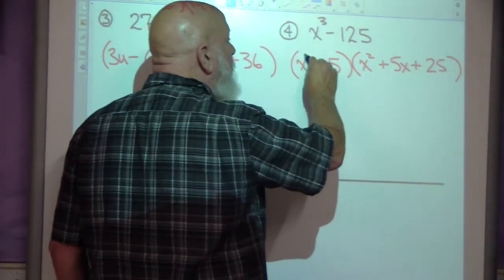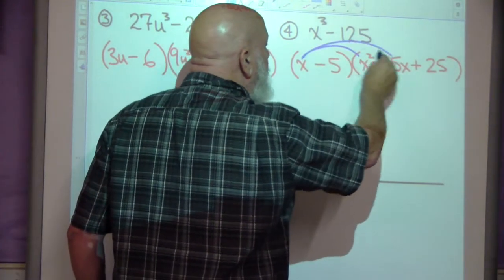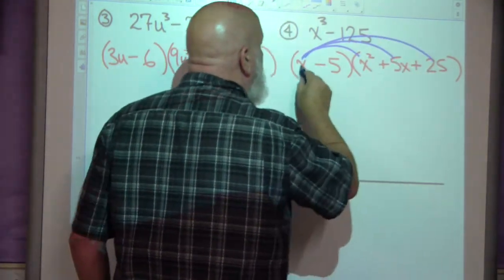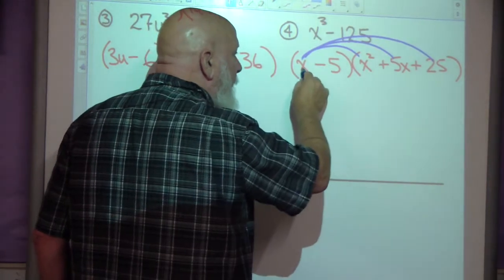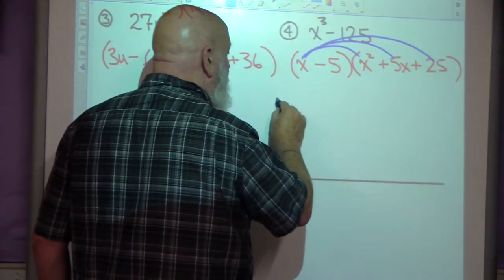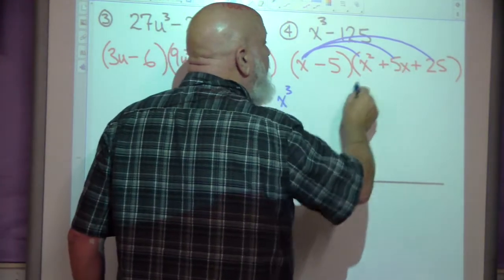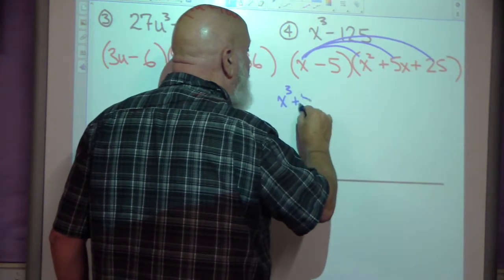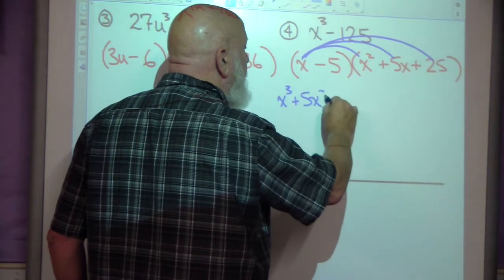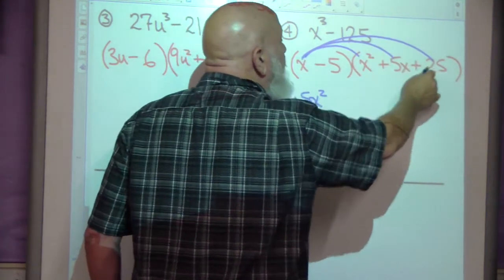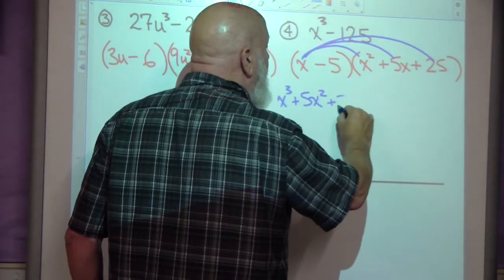I'm going to take this x and distribute it throughout this quantity. This will give me x times x squared, that's x times x, that's x cubed. x times 5x is positive 5x squared. Excuse me. x times 25 is positive 25x.